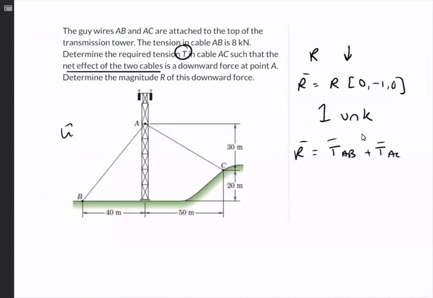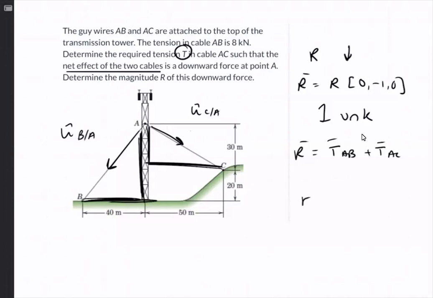So for AB, this is the unit vector B with respect to A, and for AC, this is the unit vector C with respect to A. You will want to calculate these triangles to get their unit vectors. Notice that you are not given angles.